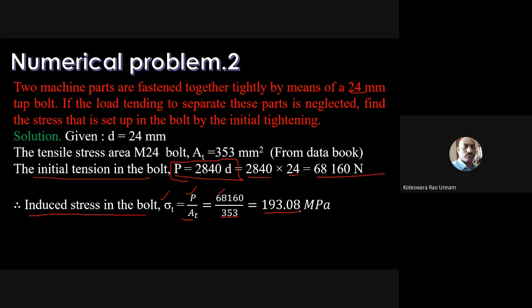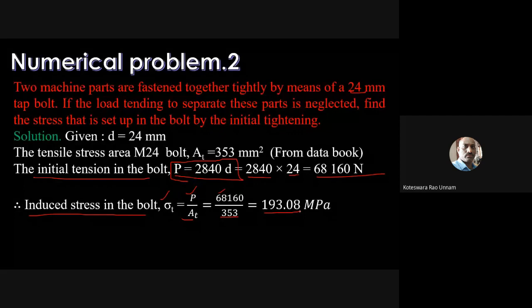In the first problem, he gave the sigma T value and the diameter, so we can know the AT value, and asked us to compute P. In the second problem, he gave the P value and AT value and asked us to compute sigma T. Maybe a third kind of problem is they will give the P value and the sigma T value, then ask you to compute the AT value.